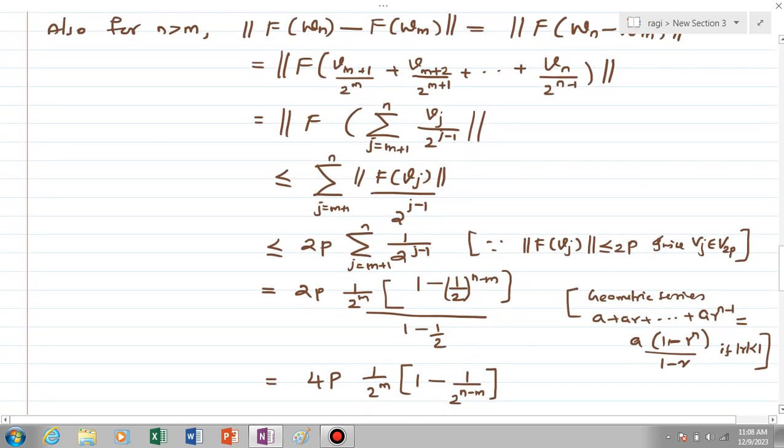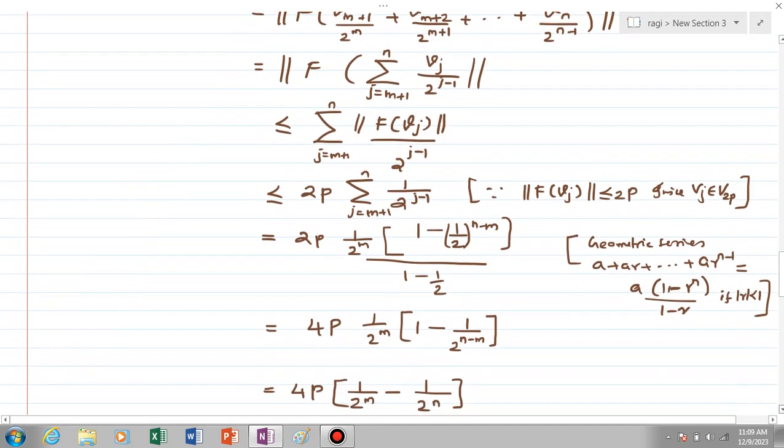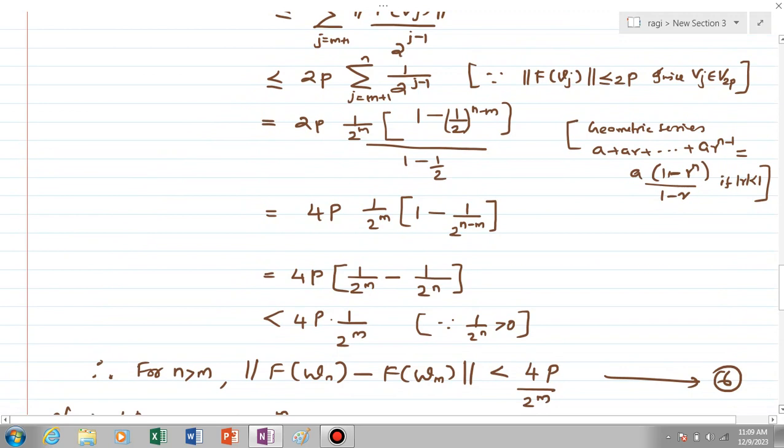And the summation is a geometric series with first term 1 by 2 raised to m and common ratio 1 by 2. So we are applying the formula for calculating the sum with modulus of r less than 1. We know the geometric series converges, and so we get the quantity is 1 by 2 raised to m into 1 minus 1 by 2 raised to n minus 1.